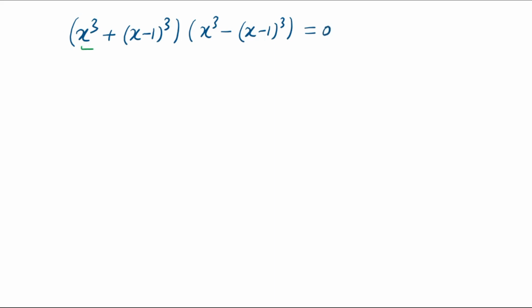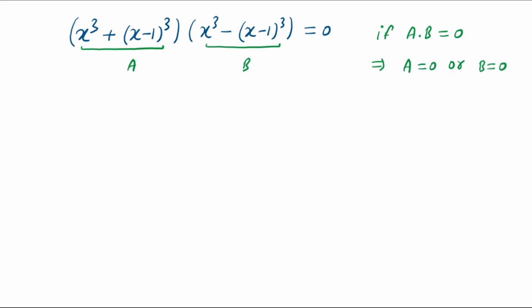Now suppose this expression is a and this expression is b. And we know that if a times b is equal to 0, this implies a is equal to 0 or b is equal to 0.